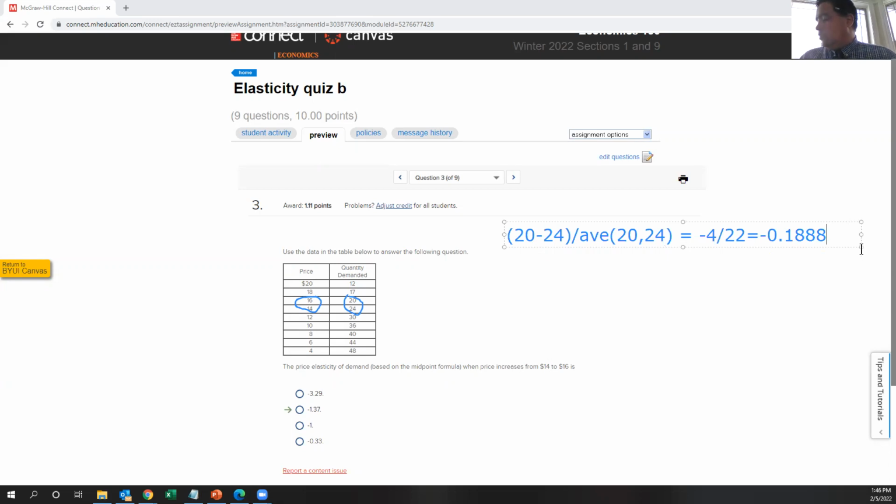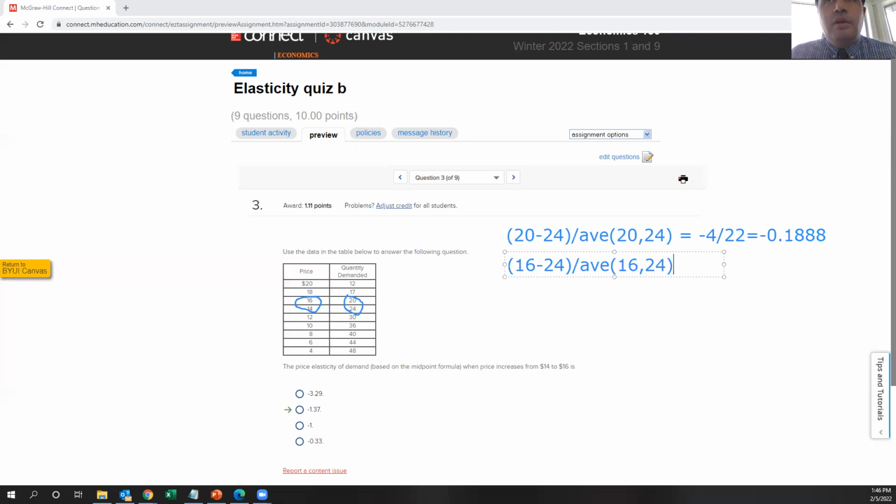Okay, so that's the numerator. Let's look at the price. So you're going from 16 to 24. 16 minus 24, divided by the average of 16, 24. Oh, 14.